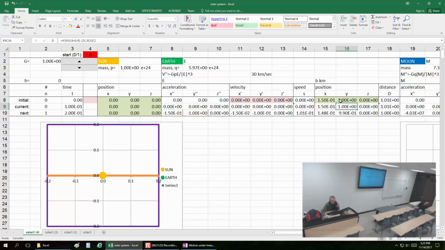What happened? Why the initial? What did I do wrong with this? Something about the position that is just not right. Okay, maybe this way.